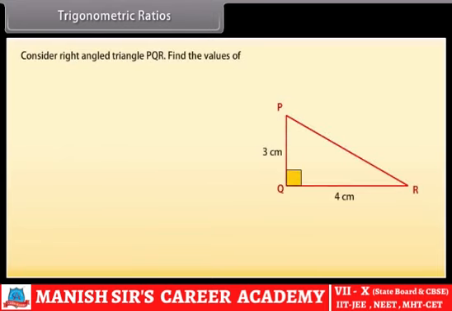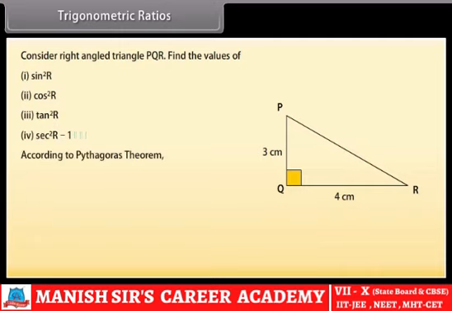Consider right-angled triangle PQR. Find the values of sin square R, cos square R, tan square R, sec square R minus 1. According to Pythagoras' theorem, PQ square plus QR square is equal to PR square. By substituting the values, we get 3 square plus 4 square equals PR square.